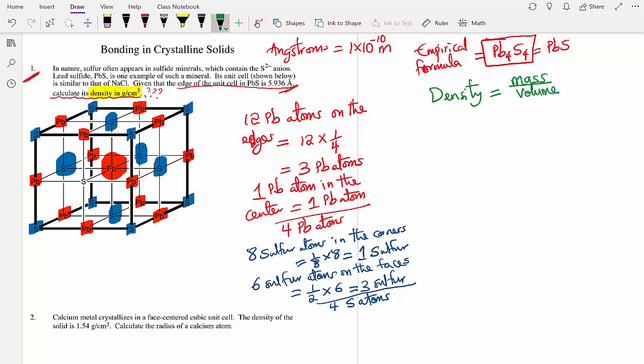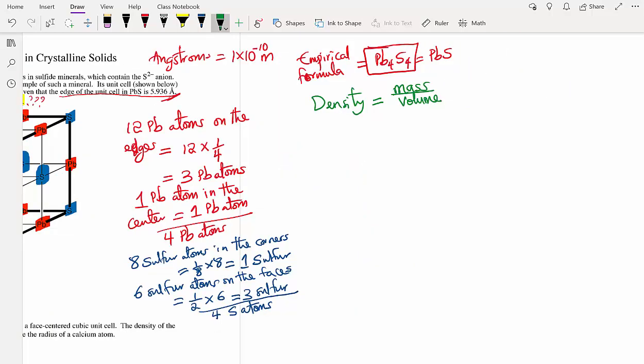So, to solve this problem, we need to calculate the mass of a unit cell, and then we need to calculate the volume of the unit cell. Let us begin with the calculation of the mass of 1 unit cell of PbS.